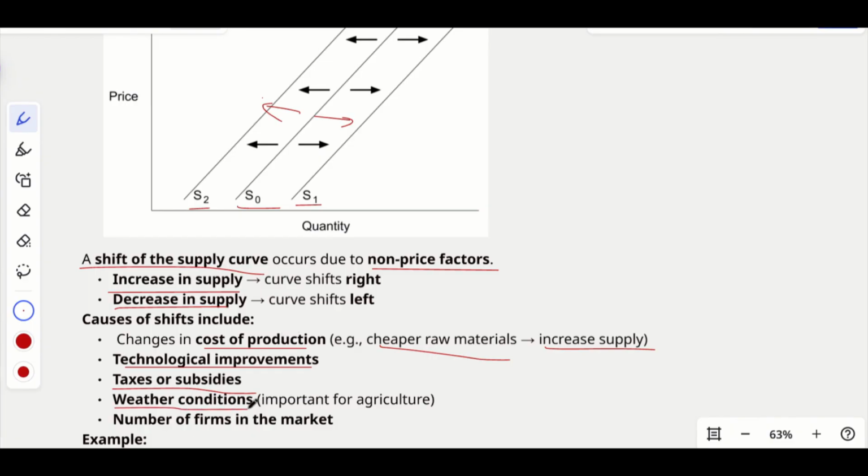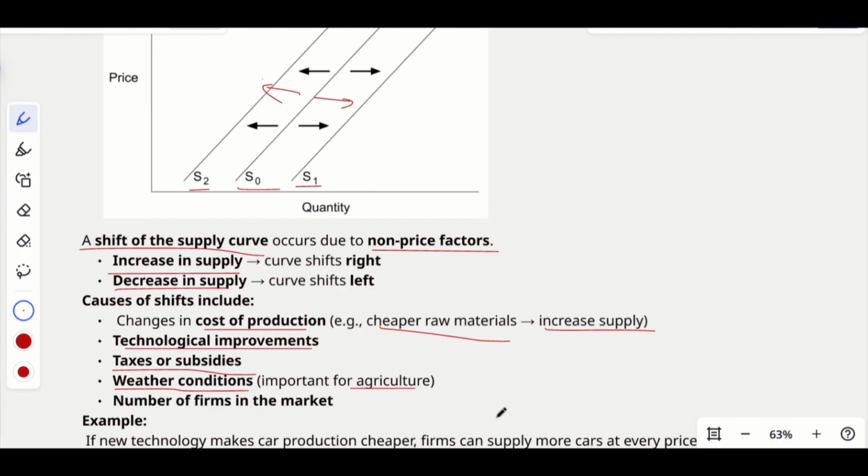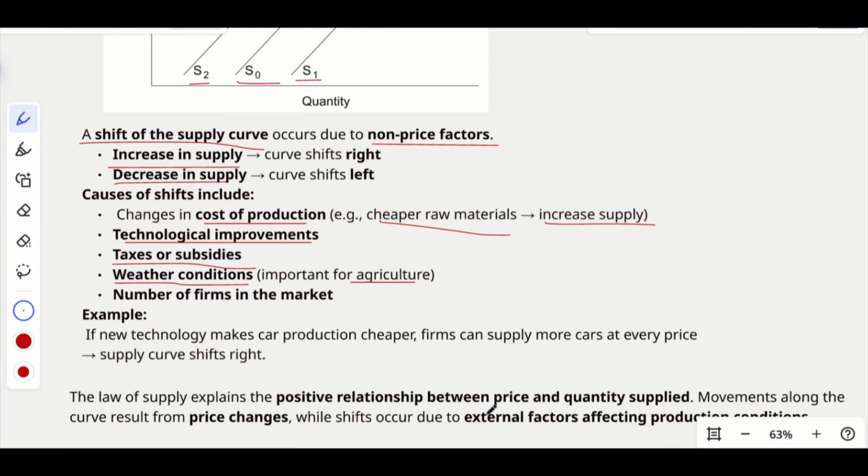If the weather is good for production, like in the agriculture field, the supply will increase, right? And the number of firms in the market. If a lot of firms are producing the same good, the supply will increase in the market. So all these are non-price factors. If new technology makes car production cheaper, firms can supply more cars at every price, so the supply curve shifts right. So we can give an example like that, okay?